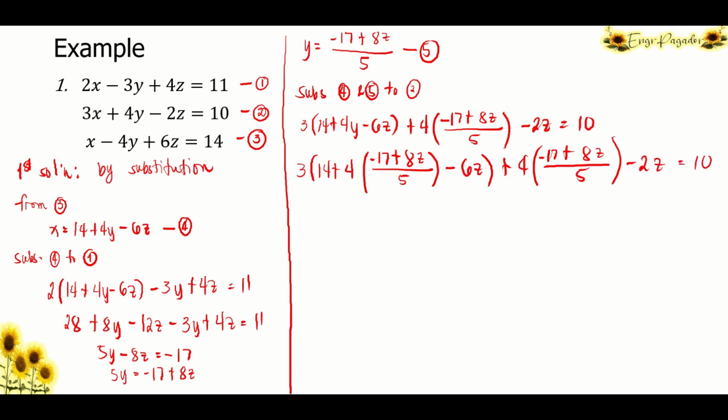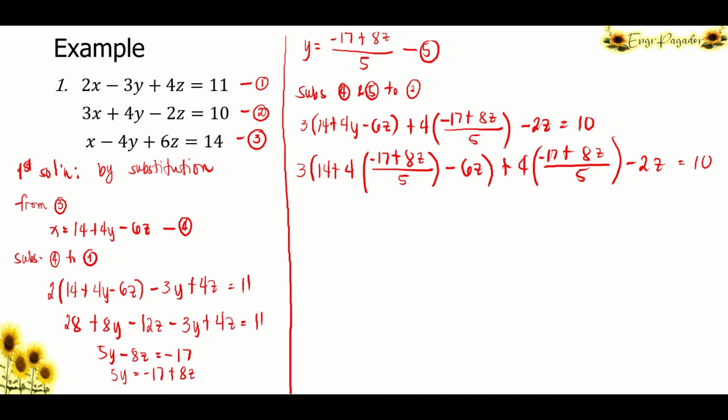So, if you observe dito sa ating new equation, the unknown variables have been reduced to only one unknown variable, and that is z. Okay, so si z na ngayon yung isosolve natin.